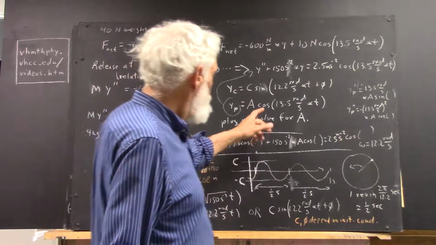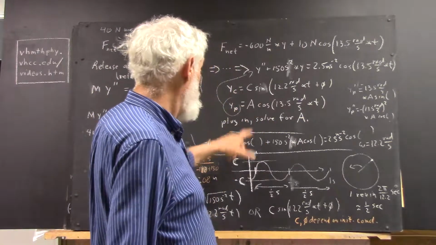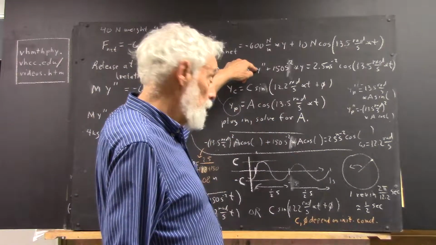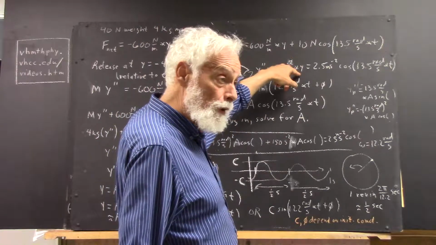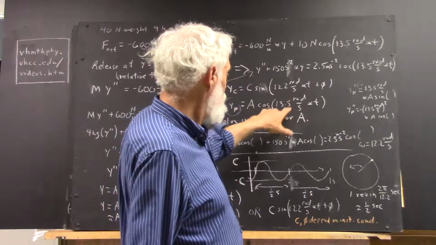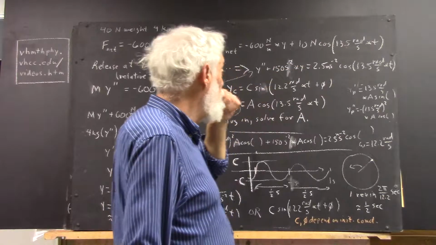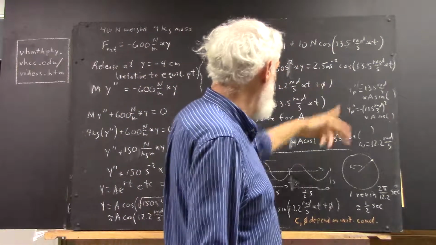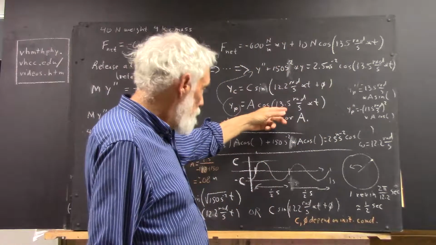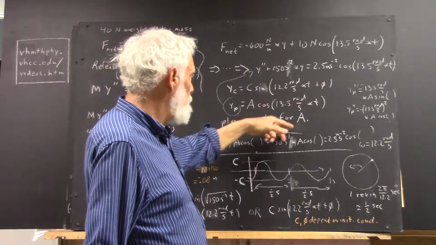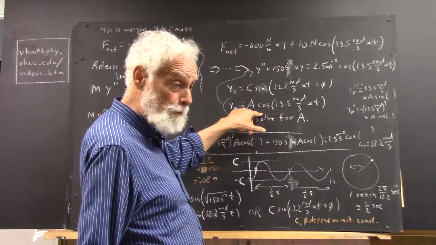Okay, so plugging this into our equation, we're going to have to plug its second derivative in for y double prime, and the function itself for y. So we take its derivatives. First derivative, we'll get a negative 13.5 radians per second times A times the sine.